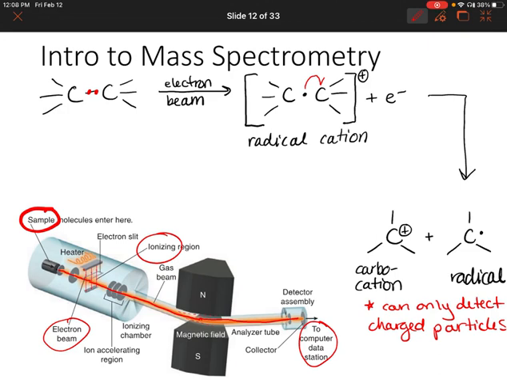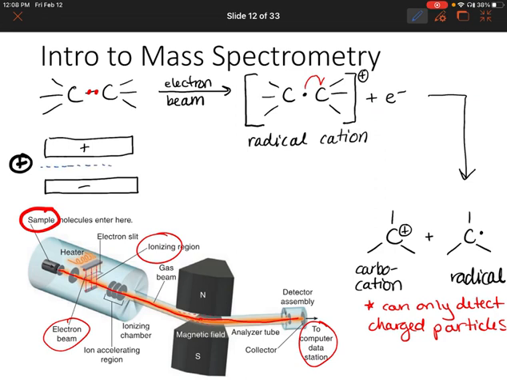So earlier I said that once the ions pass through the magnet, they can be deflected. So let's just kind of draw what that looks like. So let's say we have our ion and we have our magnets, and we'll just draw these as plus and minus. So an ion can pass through and be deflected by the magnet or the electric field, whichever one you're using.